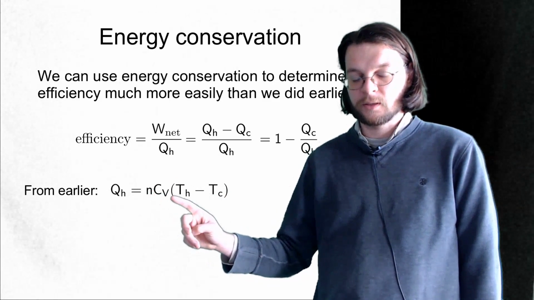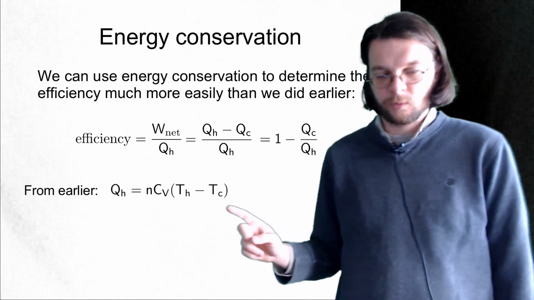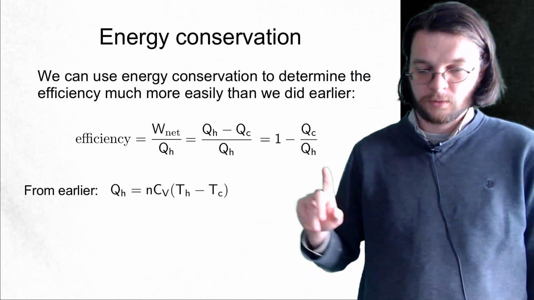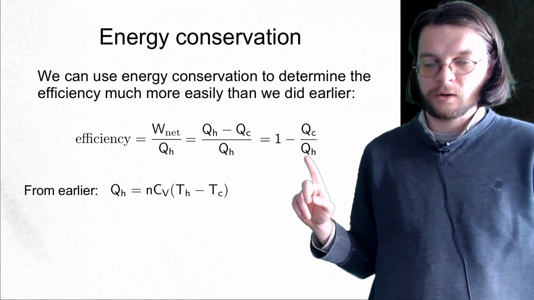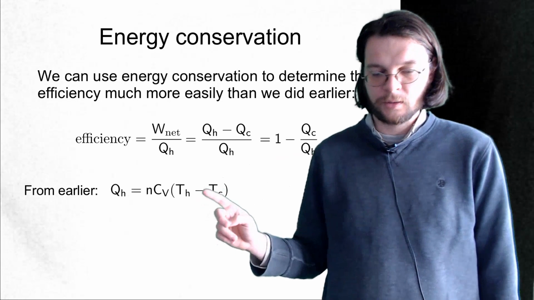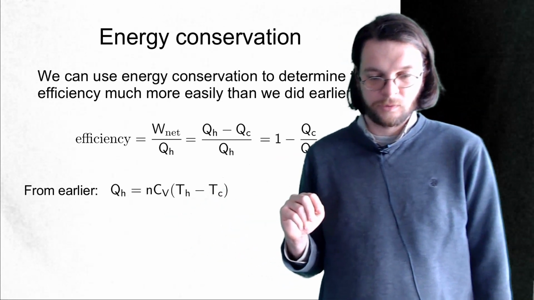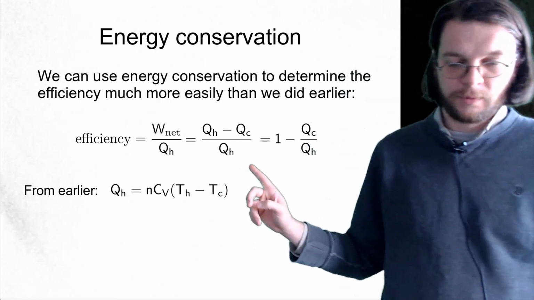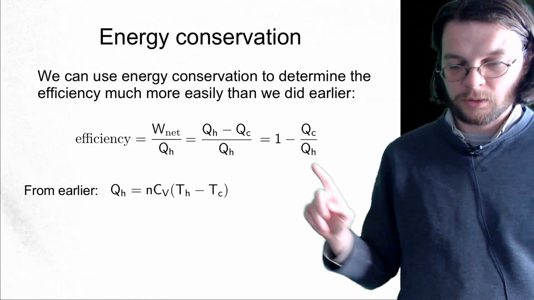Specifically, it's going to be the heat capacity at constant volume. And so we can replace Q hot with this expression. Maybe we already know how much energy is in from the laser, but we know that the laser is going to heat things up to T hot, so we can just use this instead, and that's fine.